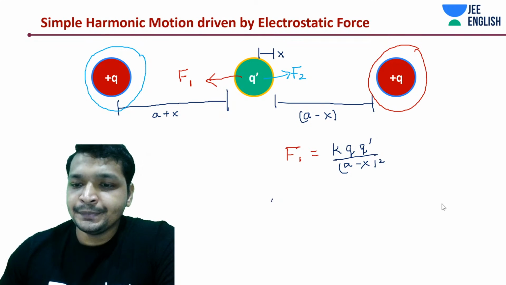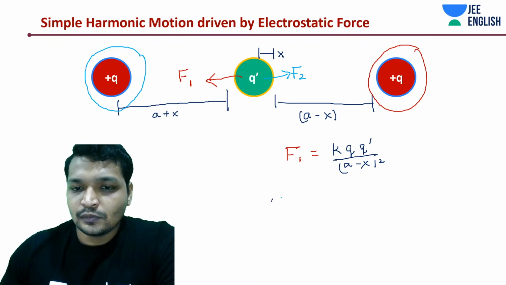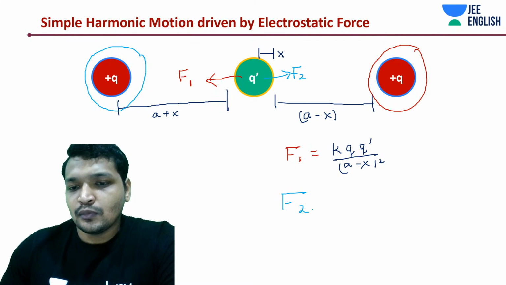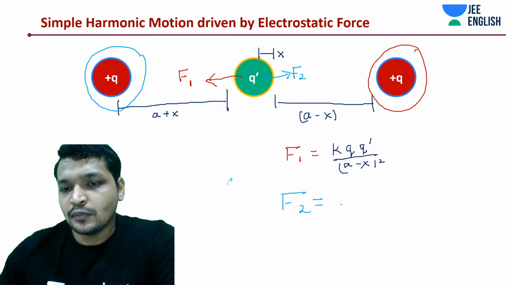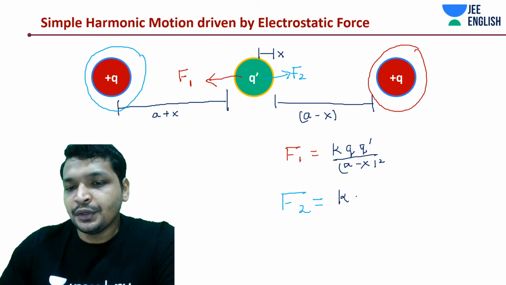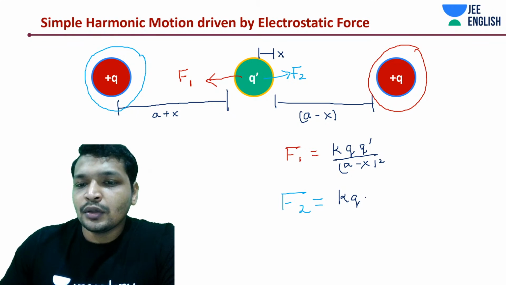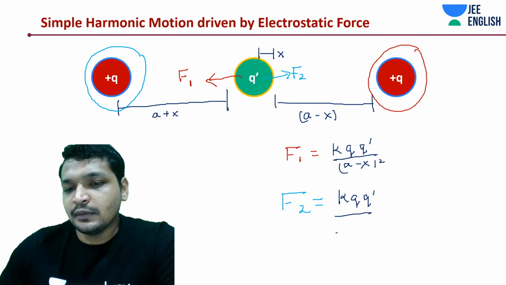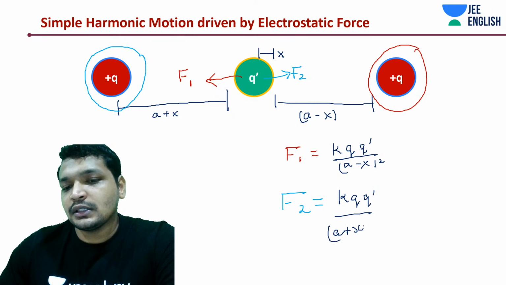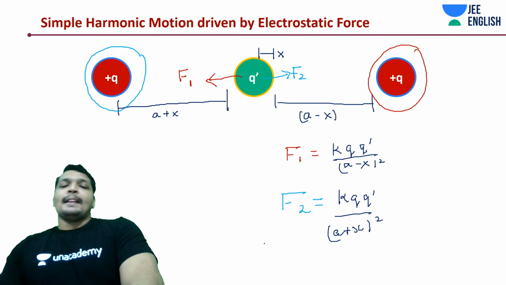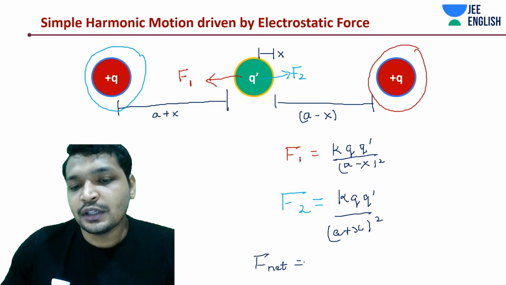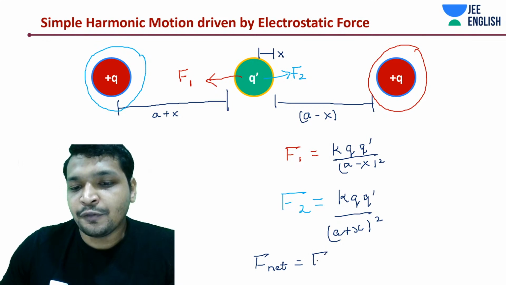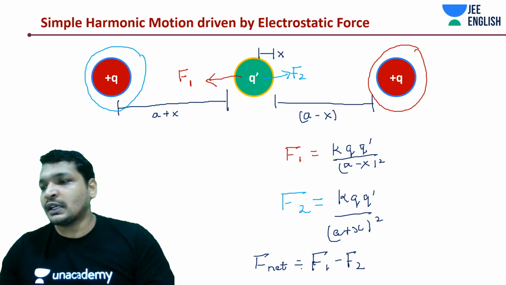F2 is going to be K into q' divided by (A plus X) whole squared. What is the net force? Net force is going to be something like F1 minus F2. It could be F2 minus F1, just talking strictly about the magnitude.